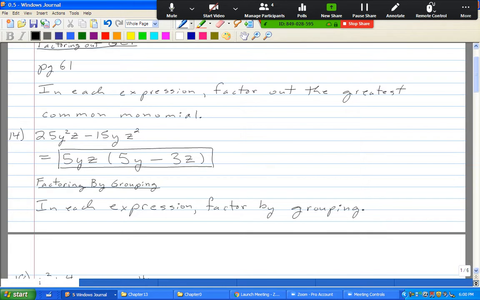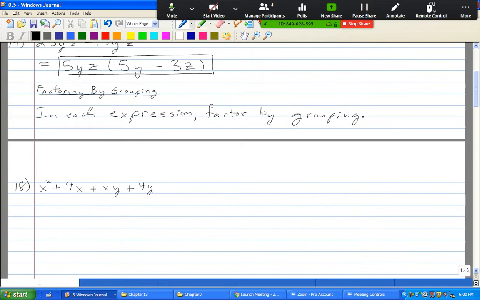The next technique that we'll be looking at will be factoring by grouping. In general, when you're factoring, the first thing you should look at is whether you can factor some sort of greatest common factor out, and then use one of the other techniques.